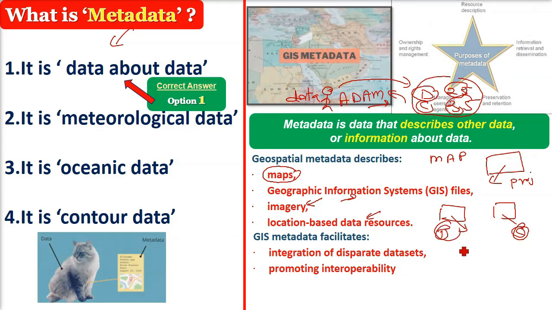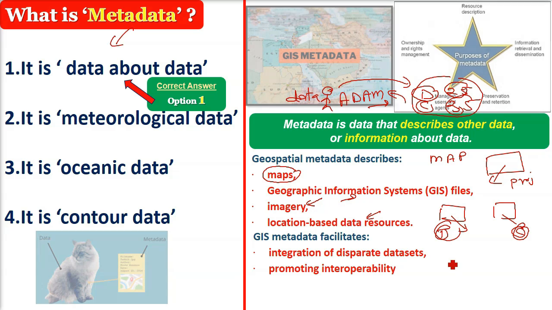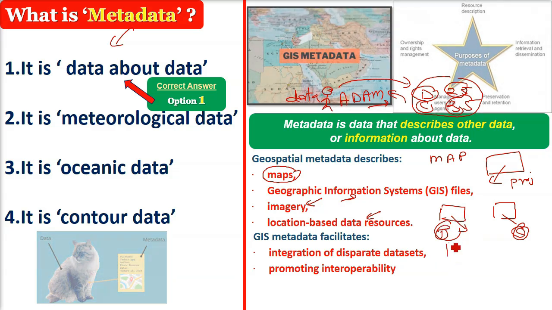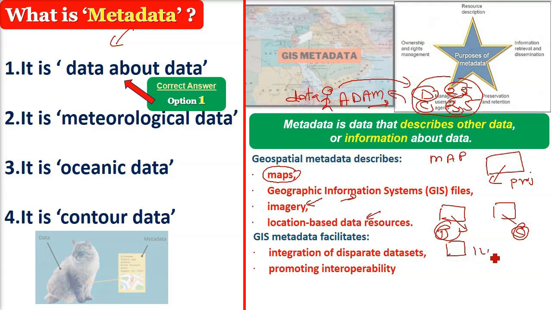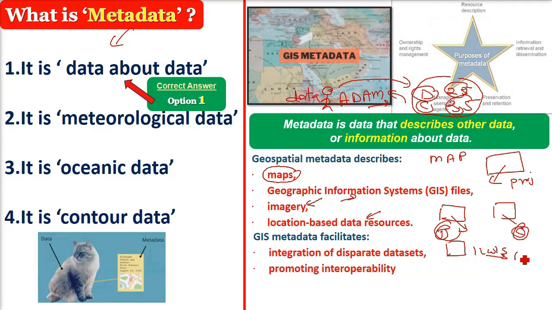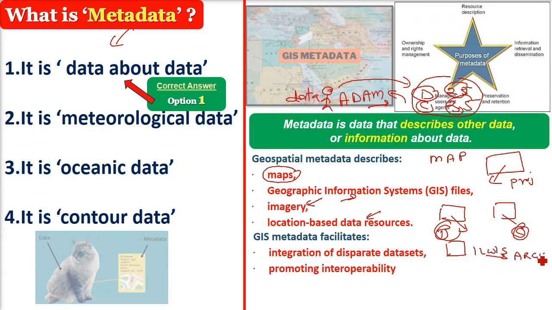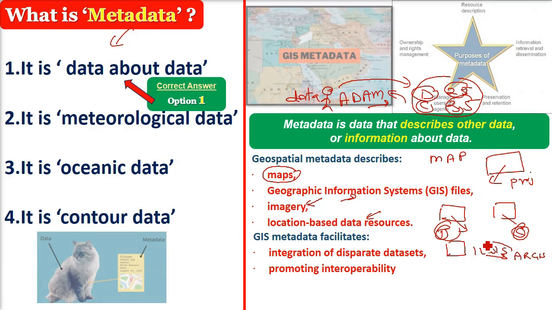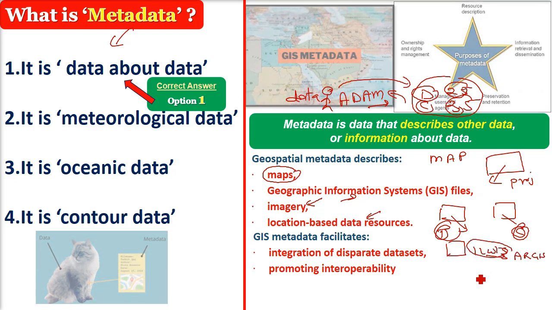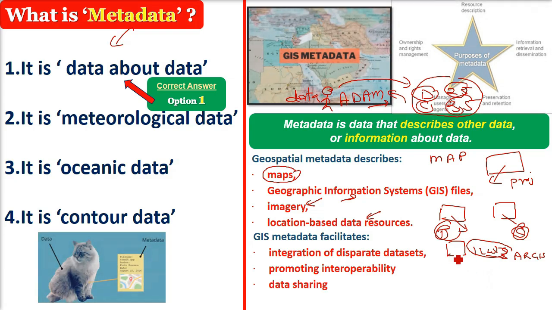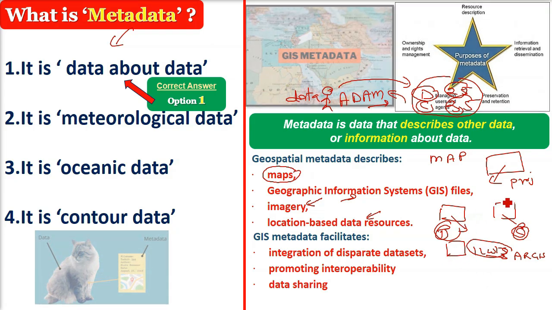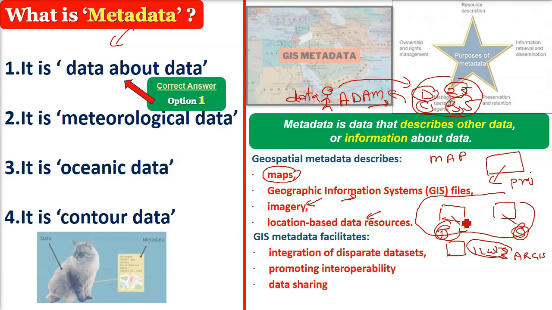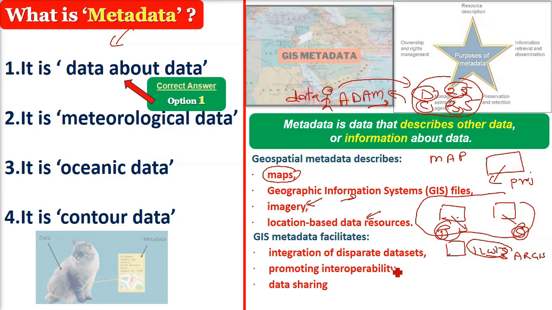Both come in Canada. It also promotes interoperability between different GIS data sets and different software. For example, if you make something in ILWIS and want to take it into ArcGIS, you ought to know the metadata, and only then will ArcGIS accept it in a certain form. So data is not just raw data; it also has to have added information, and that added information is nothing but metadata.